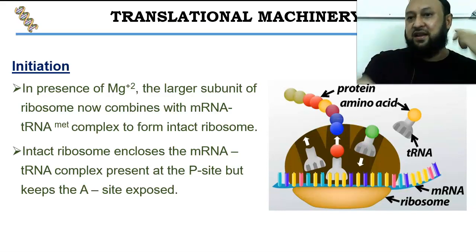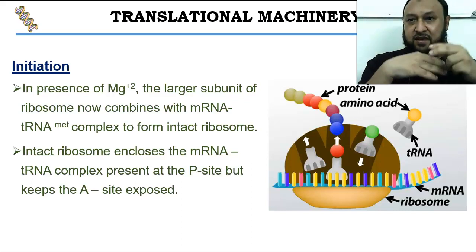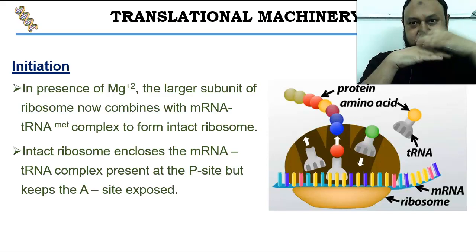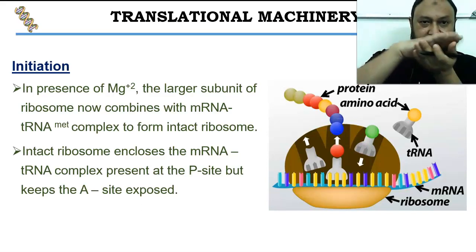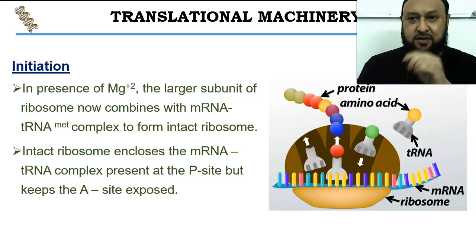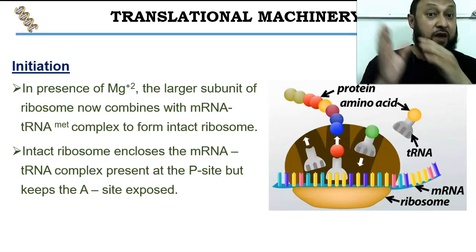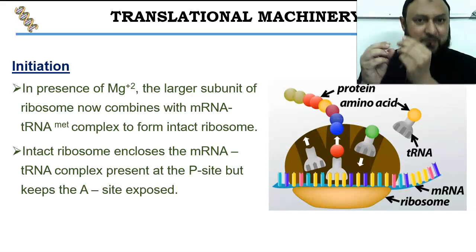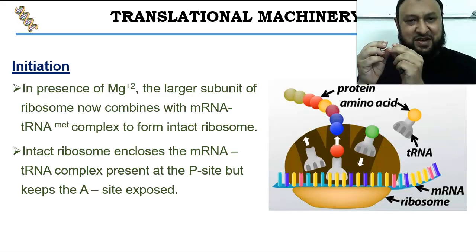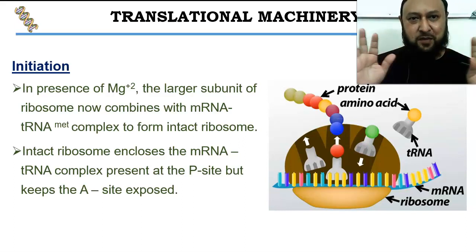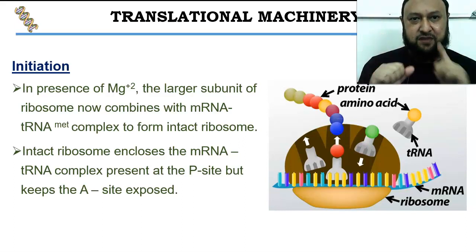So magnesium ion combines with that complex and forms an intact structure with the ribosome. The intact ribosome encloses the mRNA-tRNA complex present in the P site, but keeps the A site exposed. Why? Because the formed polypeptide chain has to exit from that site. I hope this is very clear. If you have doubts, you can ask me.